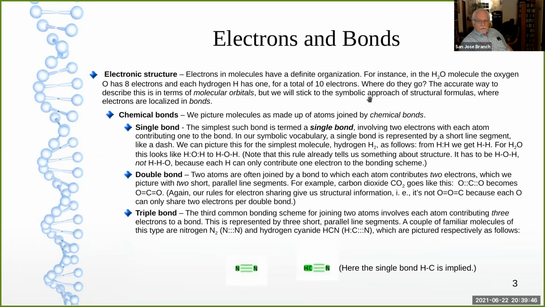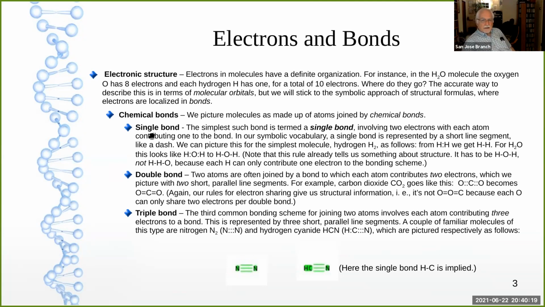And what we're gonna think of it in terms of electrons being localized in bonds. And what are bonds? Well, we think of molecules as being made up of atoms that are joined by chemical bonds. And there are essentially 3 kinds of bonds that we can talk about, and the electrons that are involved in those bonds.